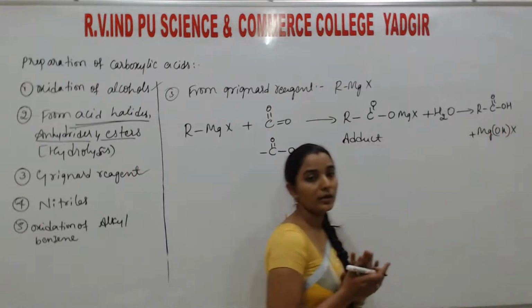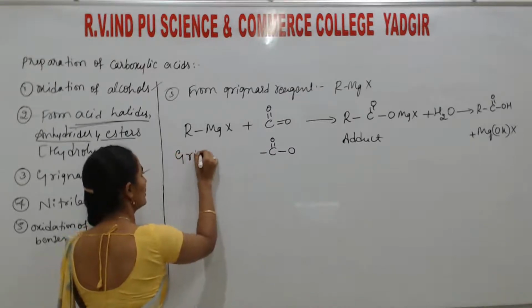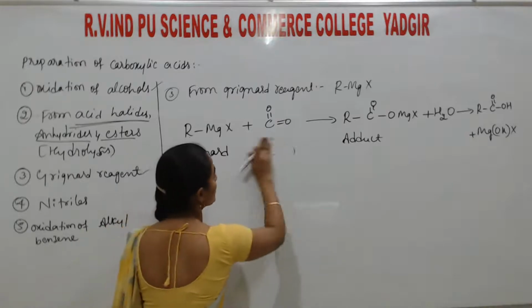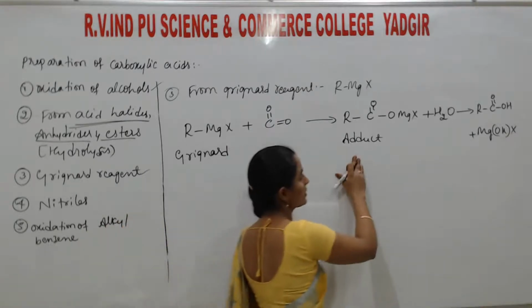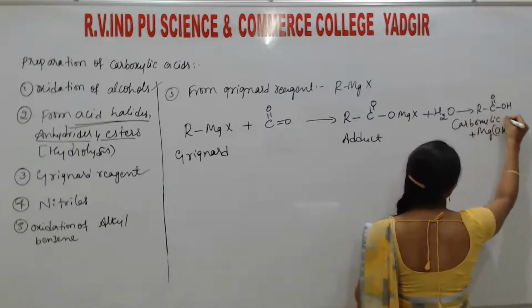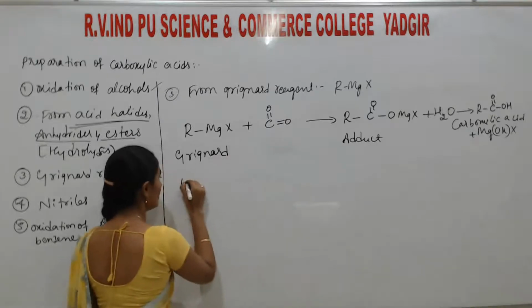So this is the general reaction: this is the Grignard reagent, this is carbon dioxide, this is the other product, and this one is the carboxylic acid.